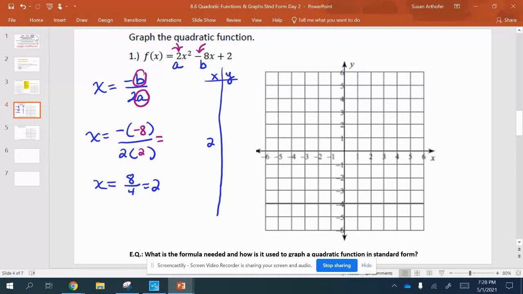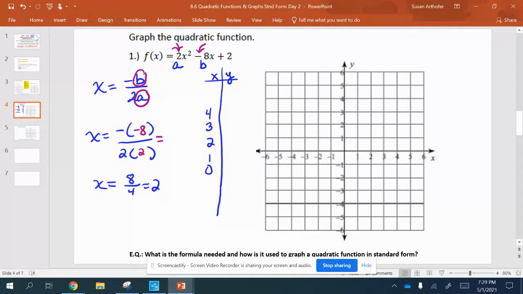Now, we'll get the y value in just a minute, but for the remaining x values, you pick numbers above and below the number 2. So I'm going to go 2, 3, 4, and I'm also going to go below 2. So 2, 1, 0. That's how we make up the values on the t-chart.